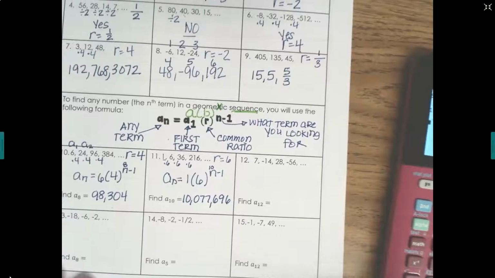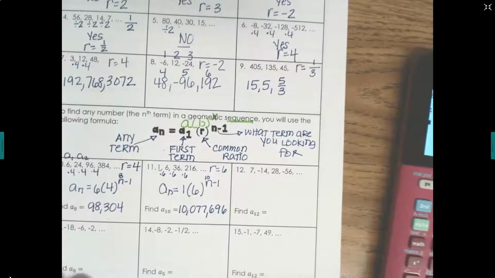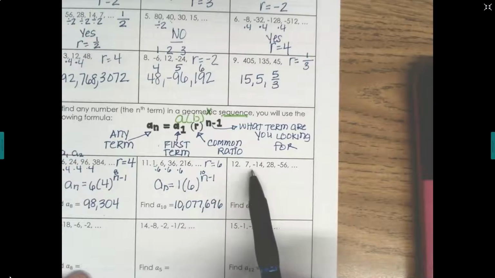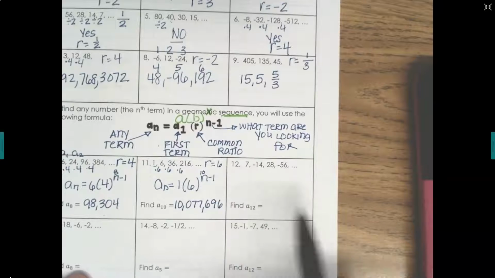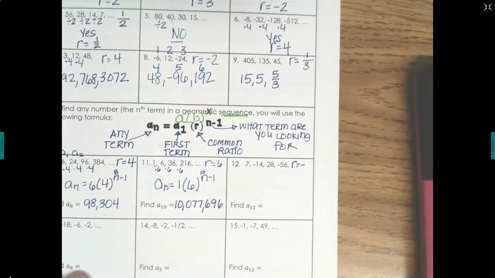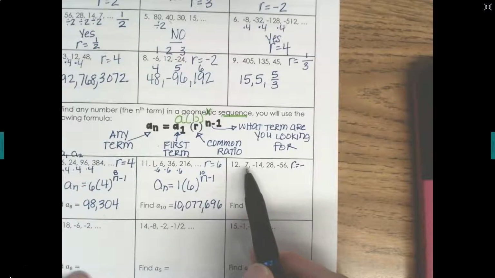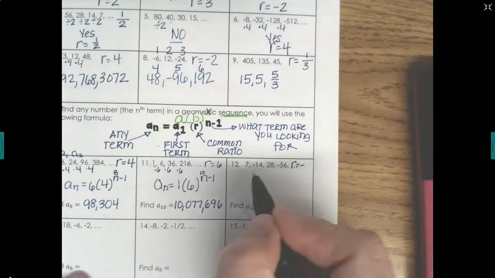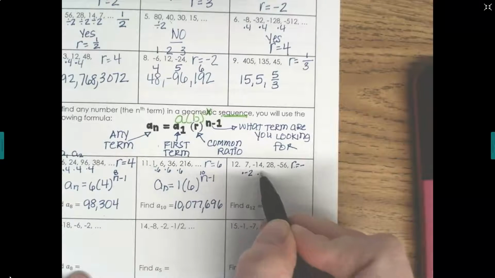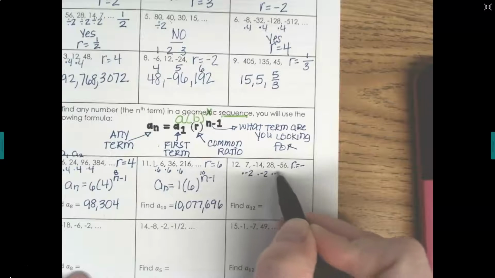All right, so let's try number 12. Notice how the signs alternate, positive, negative, positive, negative. That means our common ratio is going to be a negative number. Okay, so what times 7 gives us negative 14? Well, that'd be a negative 2. Check to see if the pattern holds. Negative 2, negative 2.